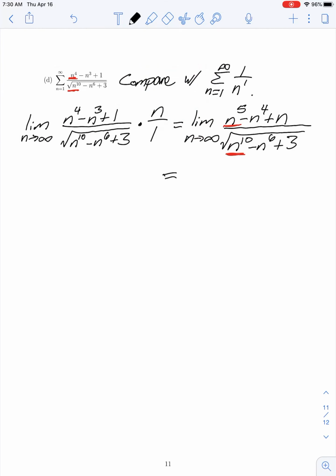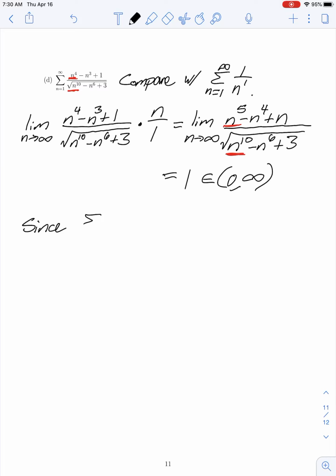So as n approaches infinity, here we would have a limit of 1, since the ratio of those terms is 1 over 1. And this limit, of course, lies between 0 and infinity. So both of these series converge or both diverge by the limit comparison test, and the one that we were comparing with, the harmonic series, we know diverges.